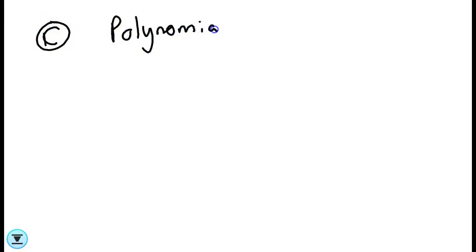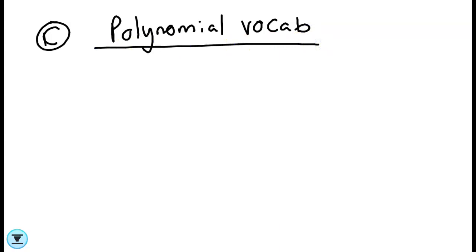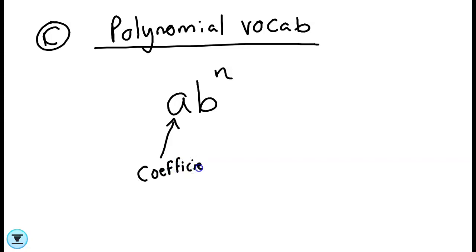Some other vocabulary for polynomials that maybe you want to be aware of is stuff I've already said, but I haven't written it down, so let's go ahead and write it down. This is called the coefficient. This is called a variable.